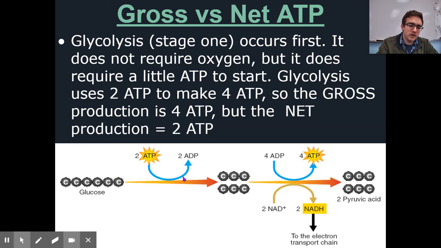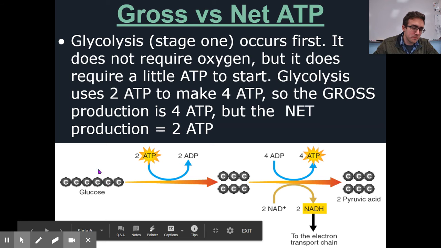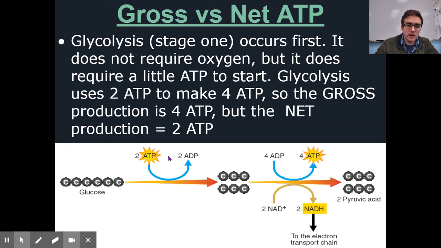But to break glucose apart into the two pyruvic acids, it needs to use 2 ATP. So we talk about the net production of ATP being 2 ATP.